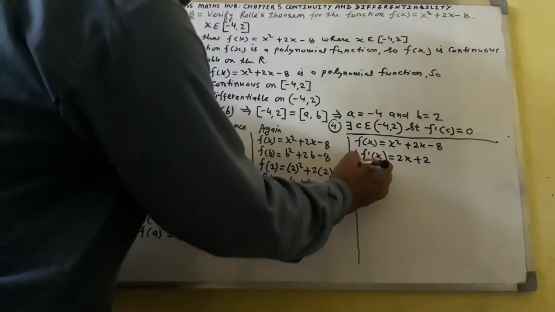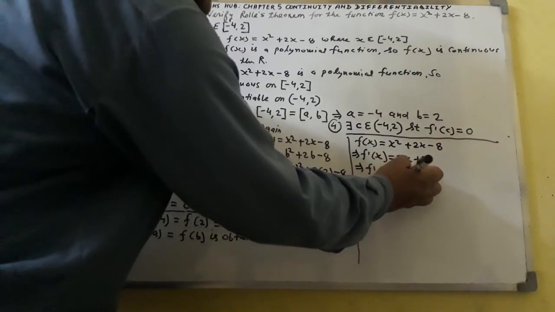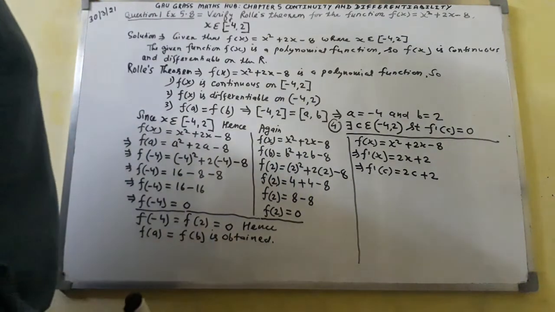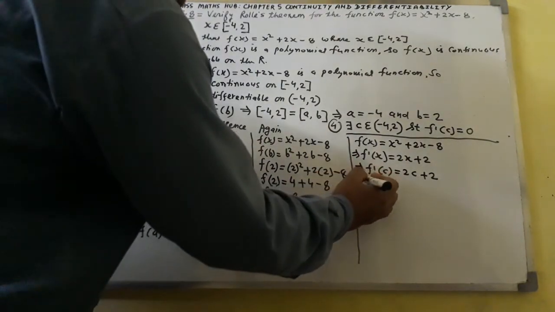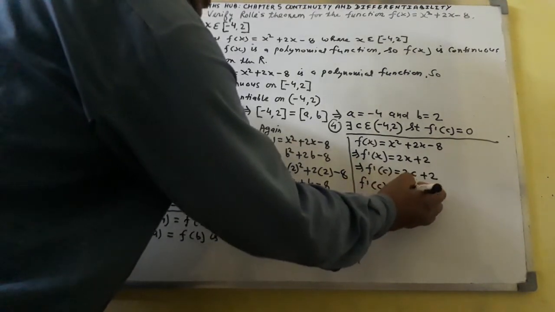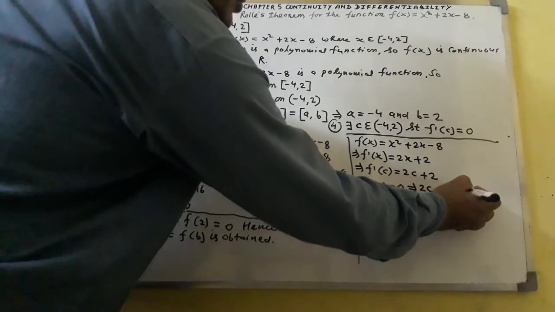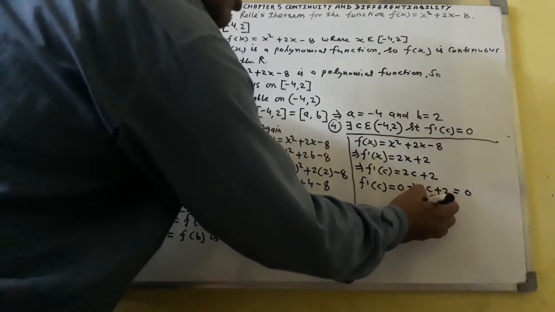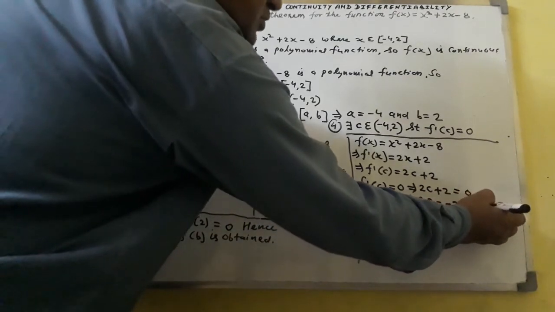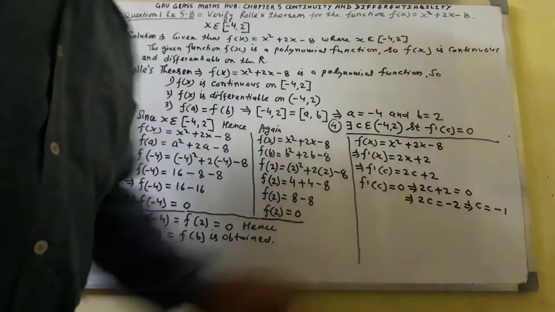Implies that f dash c is equal to 2c plus 2. As per Rolle's theorem, f dash c equal to 0. Implies that 2c plus 2 equal to 0, 2c equal to minus 2, c equal to minus 1. So here you have got c equal to minus 1.